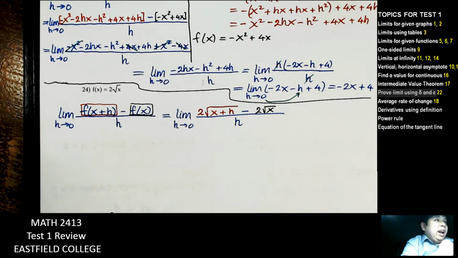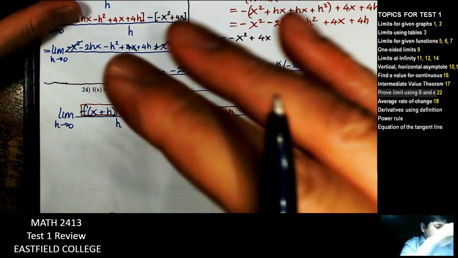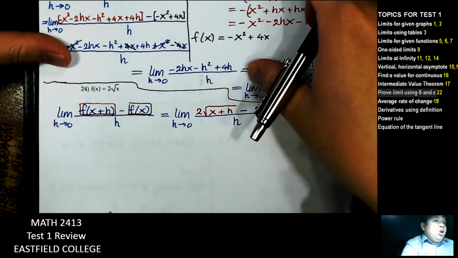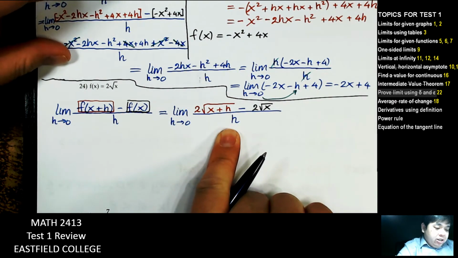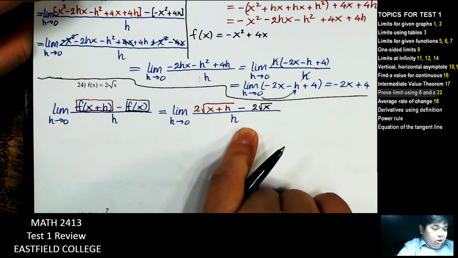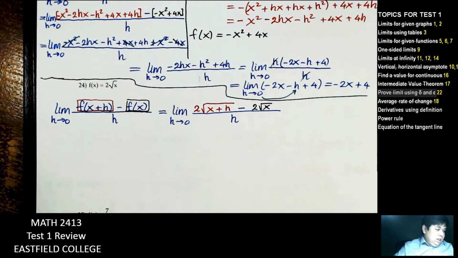Now, of course, we can put in 0, but usually it's not going to be simple because we're going to cancel the h later. Usually, if we put 0, we get 0 divided by 0, which is undefined, so that's why we don't put the numbers in. What we do instead is try to simplify this.